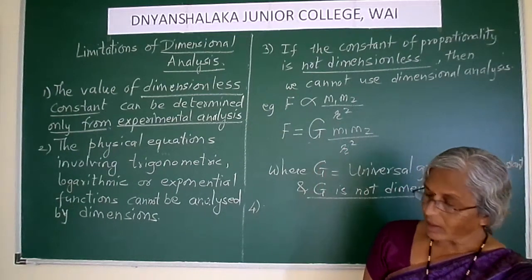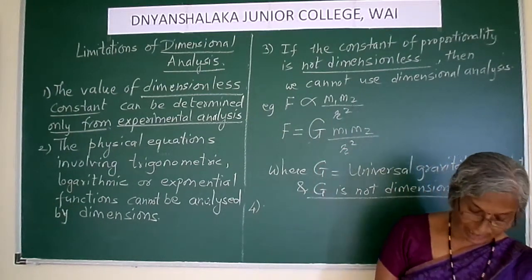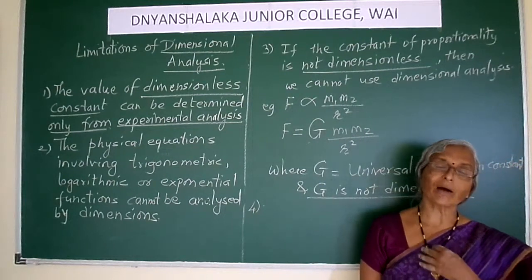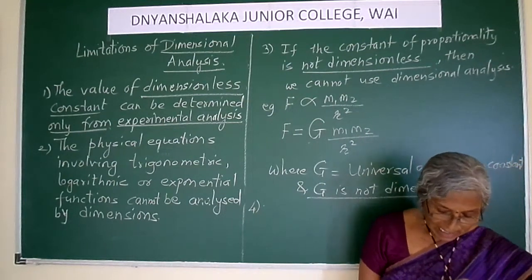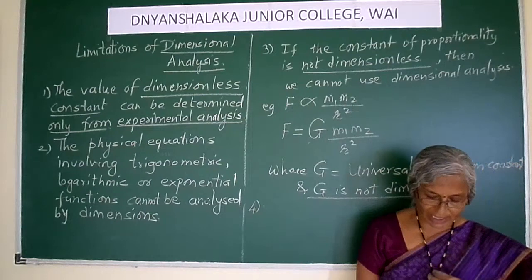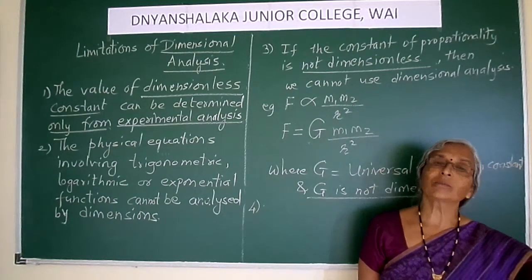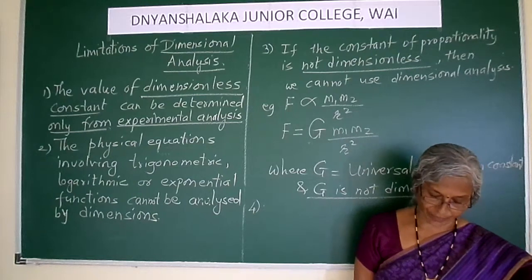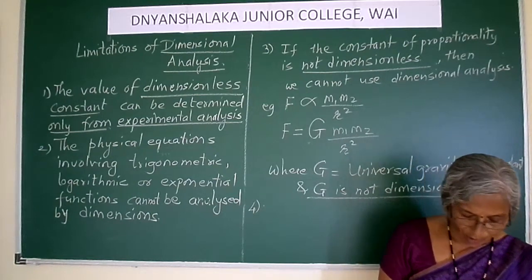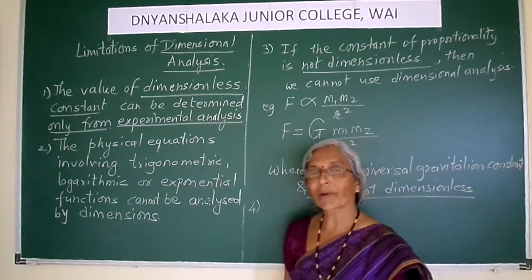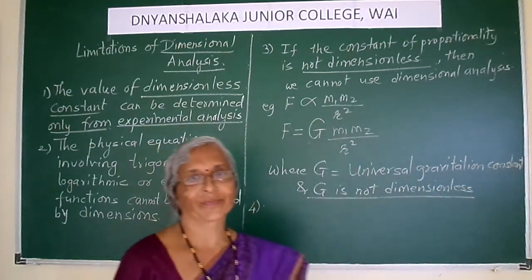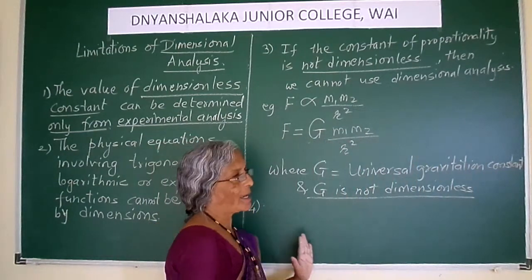Now we'll go for the fourth limitation. In dimensional analysis, if we are considering a physical equation, and if this physical equation contains some more terms of the same dimension, then it is not possible to know about the presence of these terms. इसका मतलब क्या है?